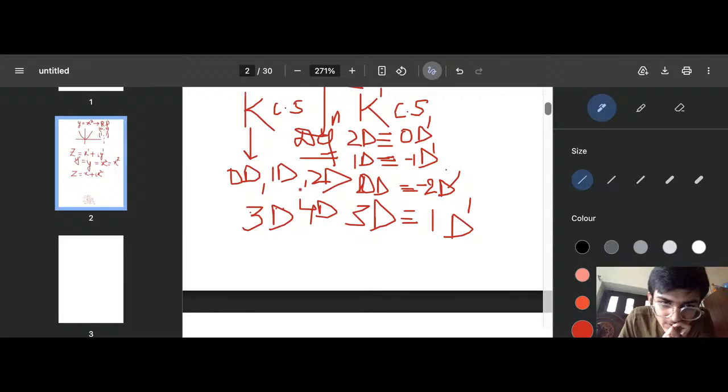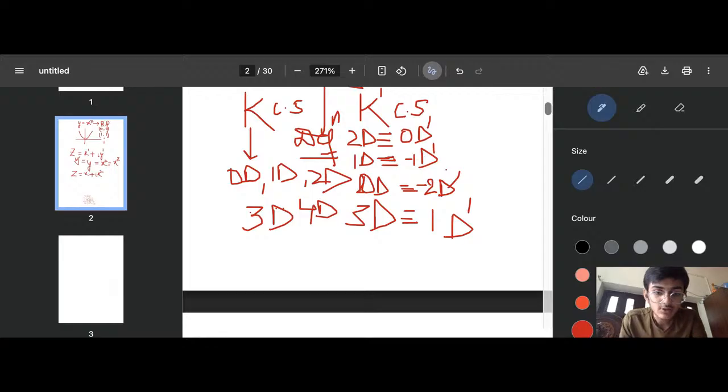So what we can say here is that our original coordinate system is moving, in terms of movement, a little fast by 2 dimensions. Because at 0D, if we compare with the K dash system, we have minus 2D. So to reach this 0, we require 2D.